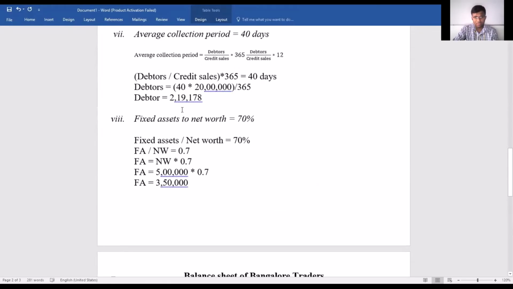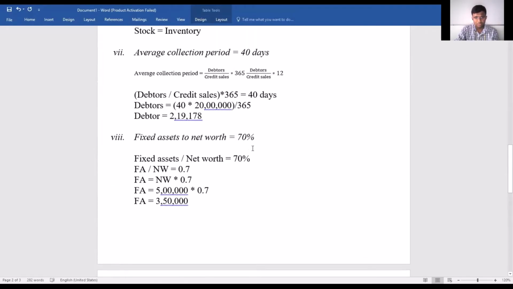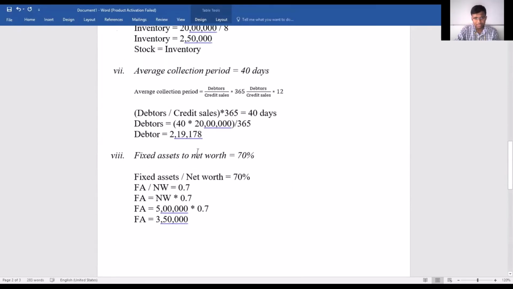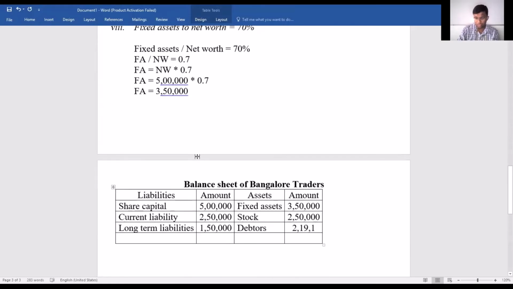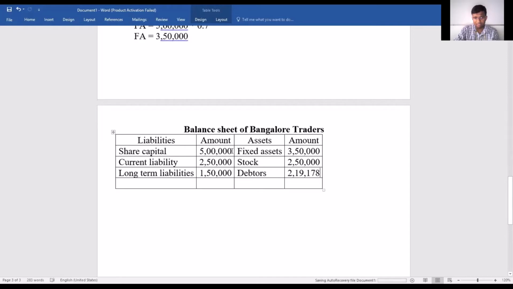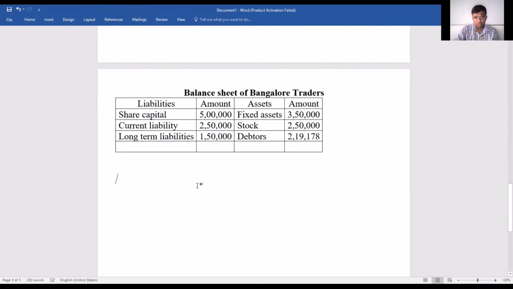Then we have debtors. Debtors is 2,19,178. So that also I have got. Now we have a small condition over here.